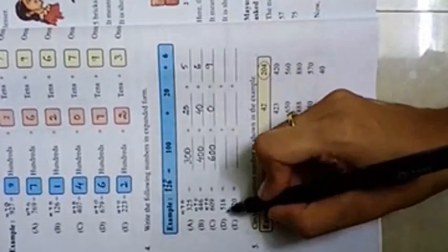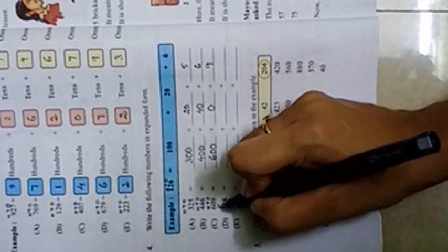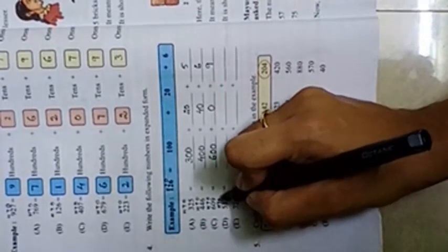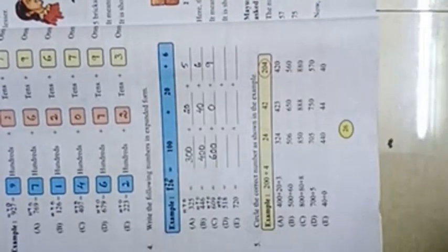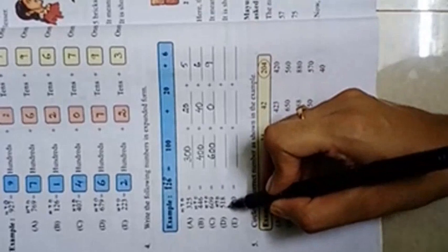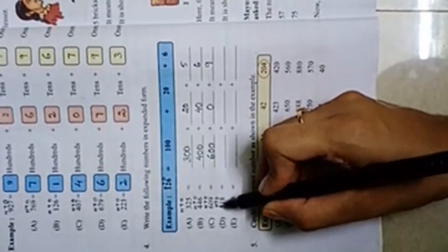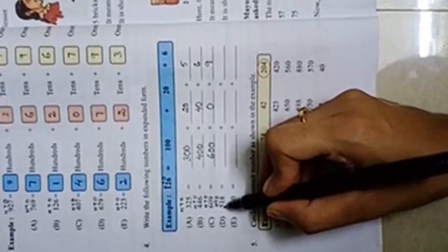Next question, 518. So what do I have to do first? Yes, you have to write the places: hundreds, tens, ones. Now tell me, children, how many hundreds are there here? Exactly, there are 500. The hundreds place number you see is 5.